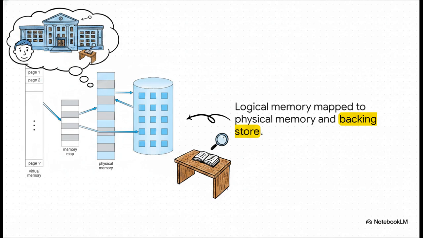Now your physical memory, your RAM, that is just a really small reading desk. You obviously cannot fit the entire library on your tiny desk. So instead, the OS uses a memory map. It gives the user program this logical memory space, an illusion that it has a massive desk, but in reality, the system is just mapping the specific pages you are actually reading right now onto your physical desk, while leaving the rest of the books safely tucked away in the library.